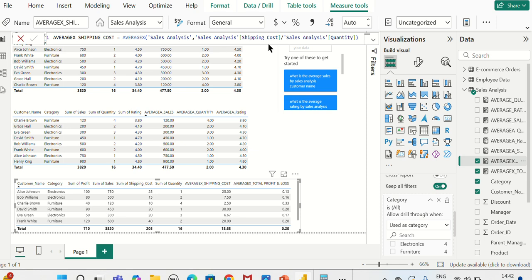This is the table name, and I've divided profit by sales. So when I divided profit by sales, I got 710, and I have got sum of sales as 3820.